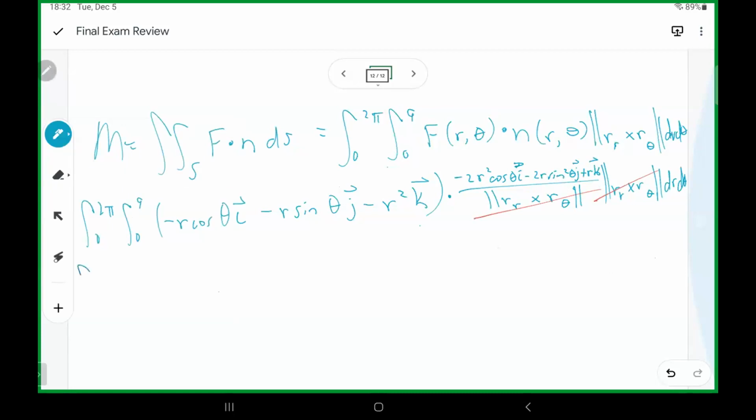So we just have what's left: the integral from 0 to 2 pi, 0 to 9, of negative r cosine theta i minus r sine theta j minus r cubed.